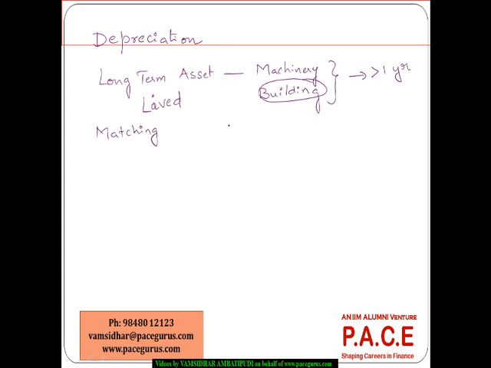So I would like to allocate the cost of the purchase of that asset over the useful life of that asset. We call it depreciation.